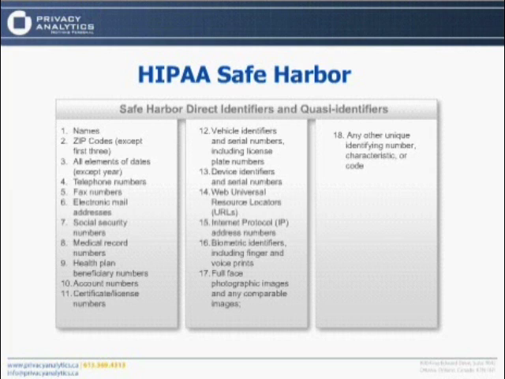Now, notice that elements 2 and 3 were not in our list of direct identifiers. You have zip codes and dates. The inclusion of those two elements in Safe Harbor presents a number of challenges.